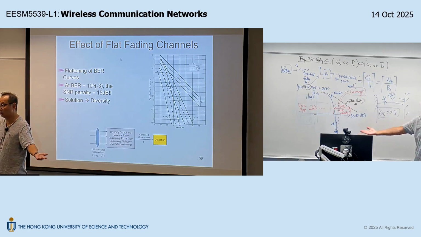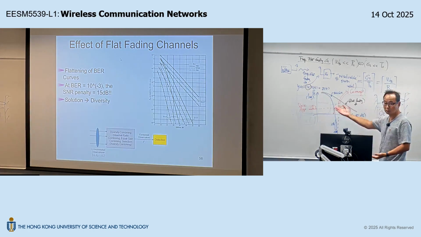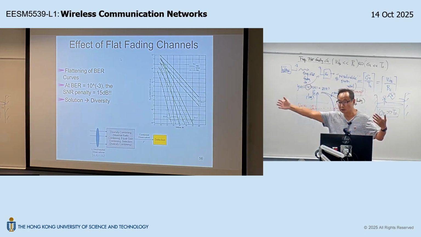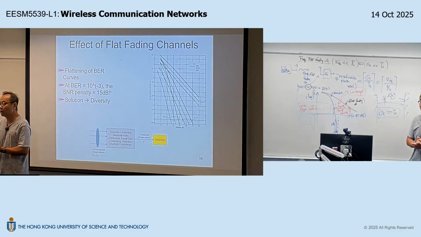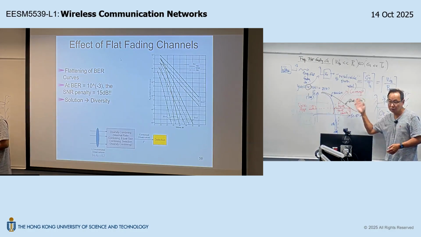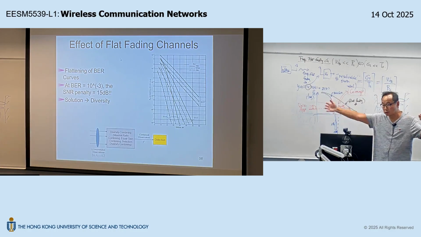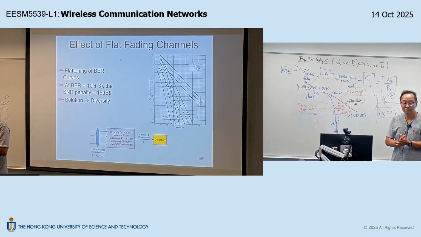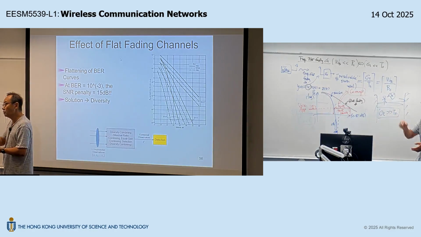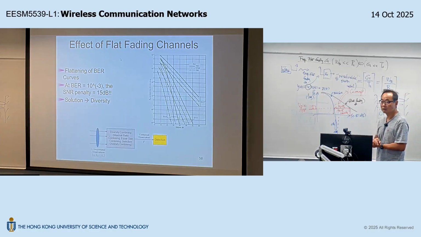Maybe initially, for additive white Gaussian noise channel, the base station can cover a 2 kilometer radius. But if you do not increase the transmission power, when you operate in frequency flat fading channel, the coverage of this base station may shrink to, I don't know, 500 meters. Is that okay? So that is the one-star trouble that I'm talking about.